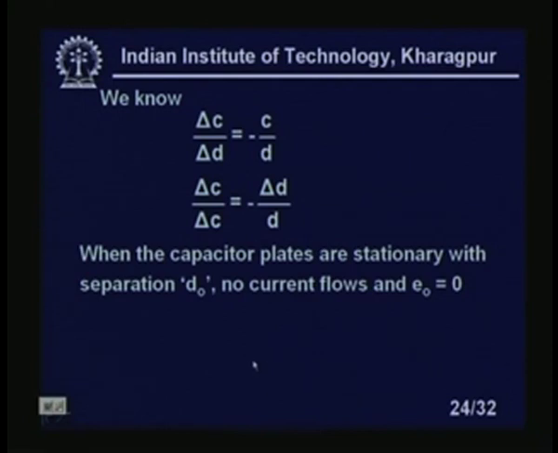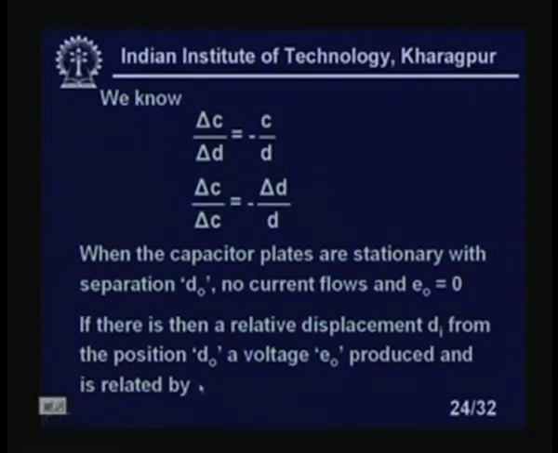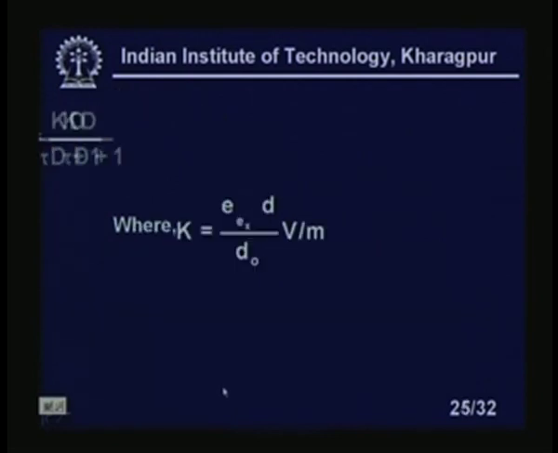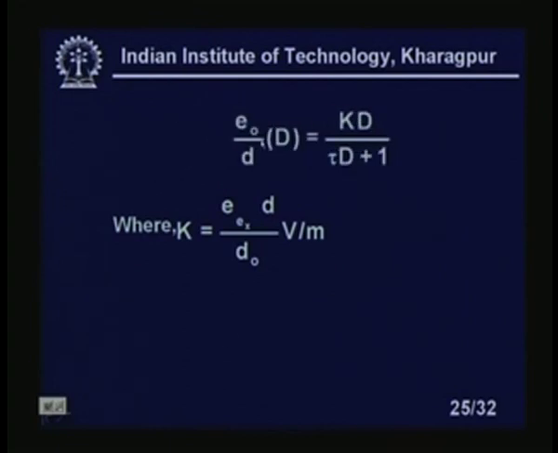When the capacitor plates are stationary with separation D naught, no current flows and the output voltage will be 0, as I told you earlier, right. If there is then a relative displacement Di from the position D naught, a voltage E naught is produced and is related by this expression: E naught by Di equals K D by (tau D plus 1).